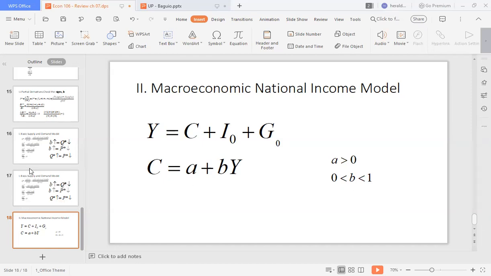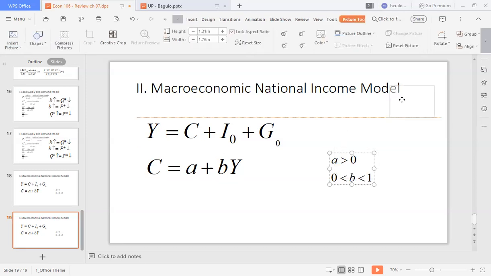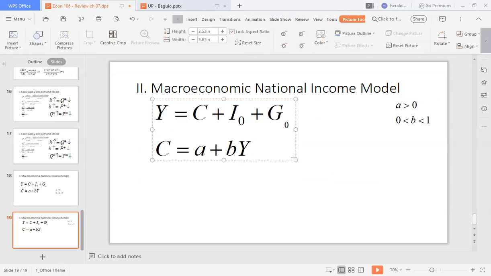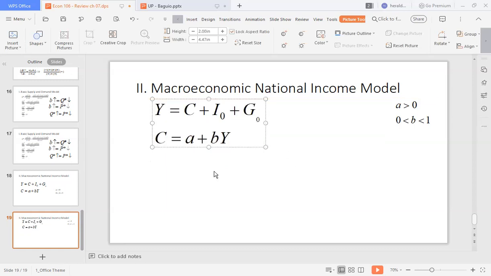Now let's try to solve this one first. Put this one on the side, just as a guide. Perhaps in the exam you'll do the same exercise. So let's substitute this into this and then simplify, putting the Y on the side.